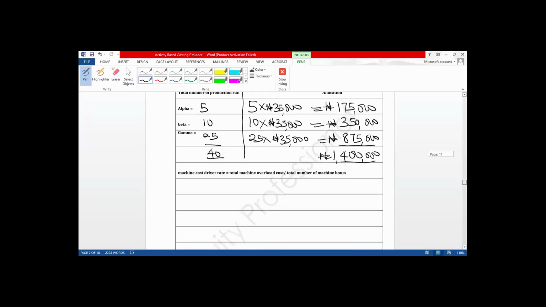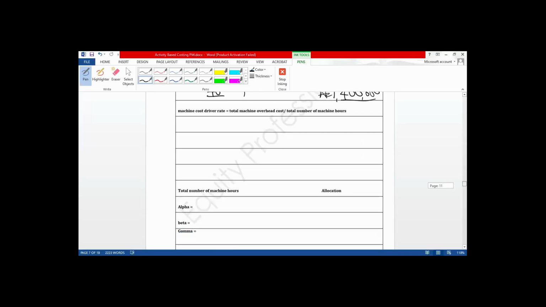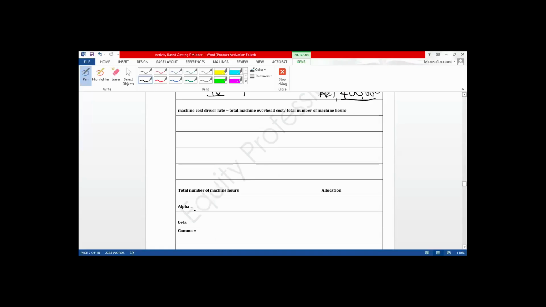Activity 2, machine cost driver rate is calculated as total machine overhead cost divided by total number of machine hours. Let's go to this. Total machine hours.